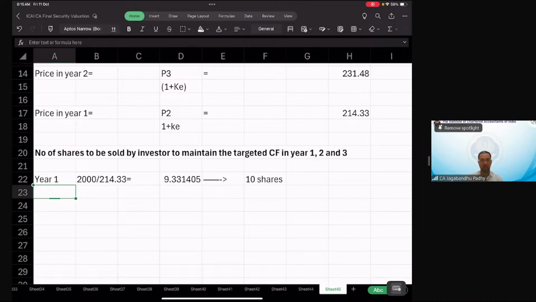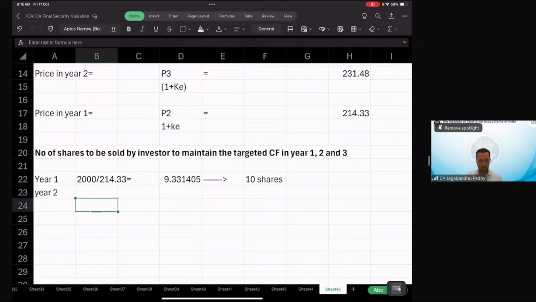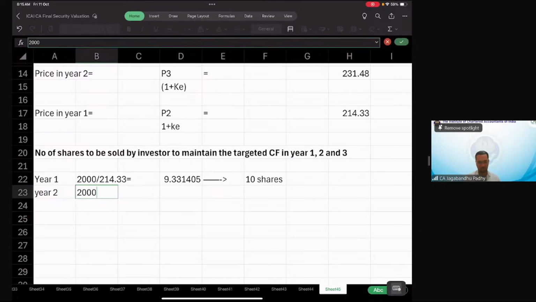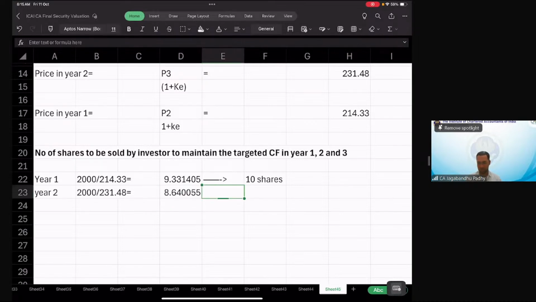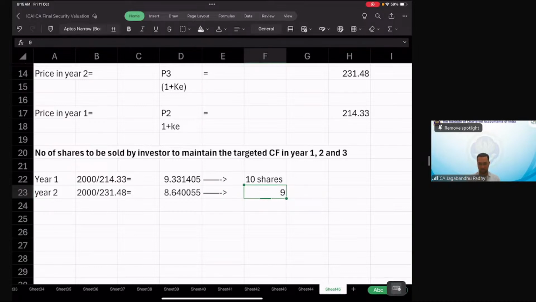Then in year 2, how many shares will he be required to sell? 2000 divided by 231.48. That amounts to 8.644, which makes it 9 shares.